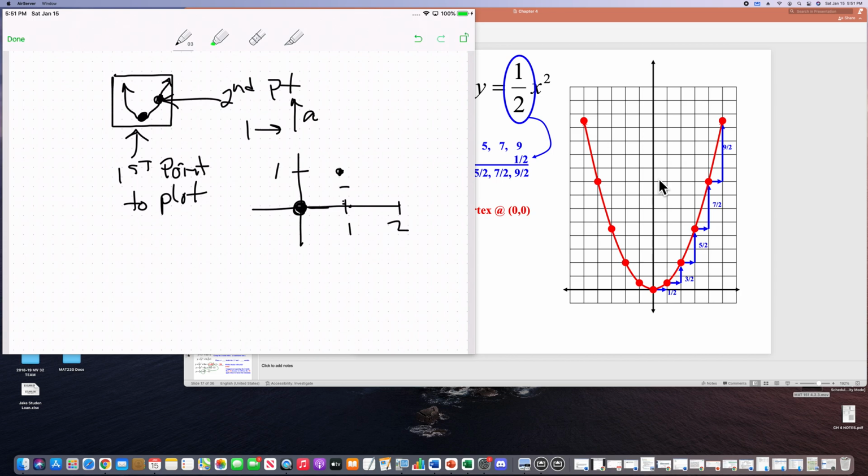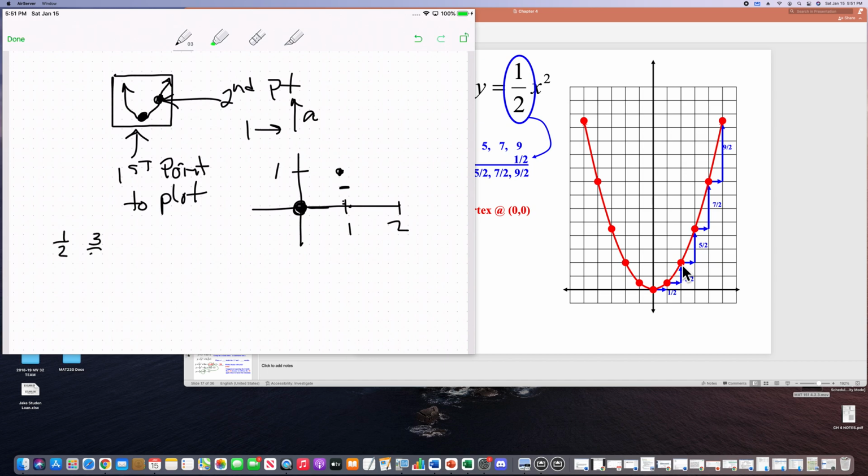You can't hit the halfway mark. That's okay. There's another pattern in parabolas. Notice when I go 2 to the right, I went up 1/2 and 3 halves. If I add those together, that's 4 halves. That's a 2.